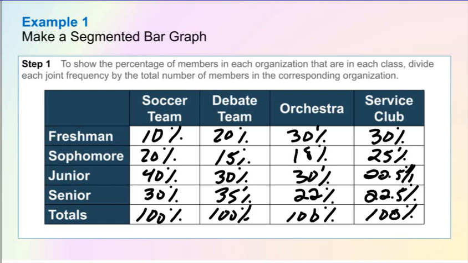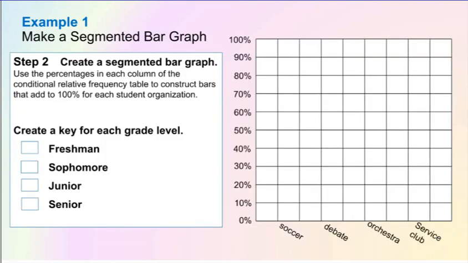Now that we have it as percentages, we can now create a segmented bar graph. So here we're going to create a key for each grade level. So I can use just a different color here. So maybe I use this purple for freshmen, sophomores I will use yellow, I'll use blue for junior, and I would use green for senior.